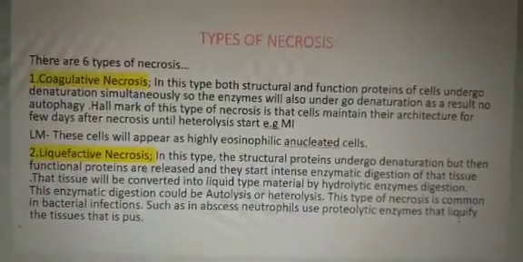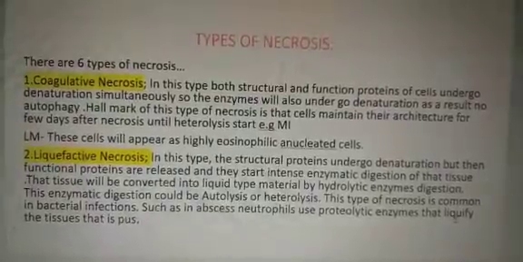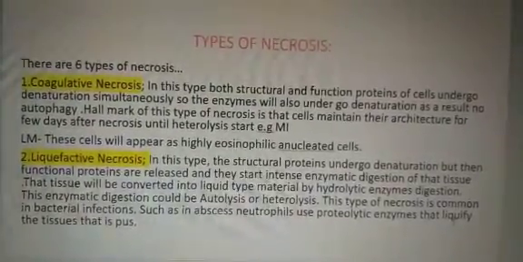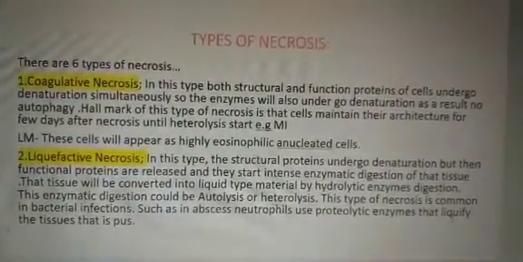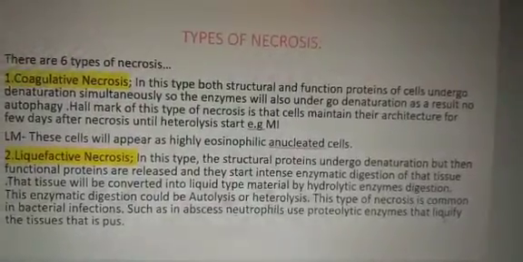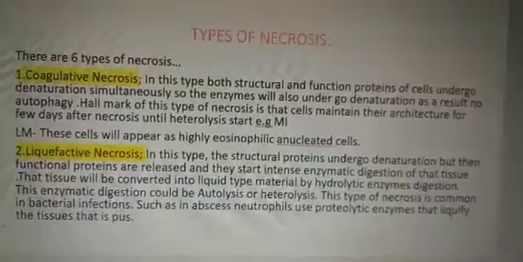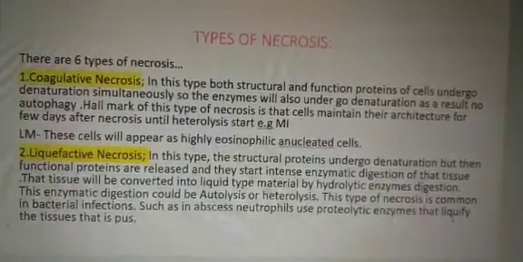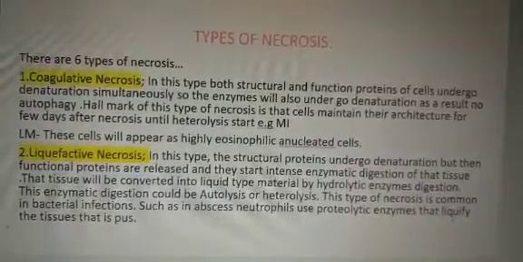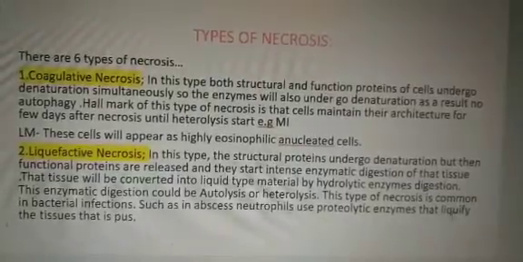Now, what is coagulative necrosis? As we discussed, in necrosis, structural and functional proteins undergo denaturation and the cell ultimately dies. So in coagulative necrosis, what happens with the structural and functional proteins?